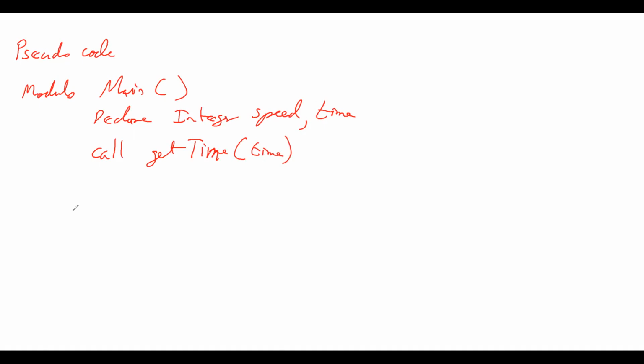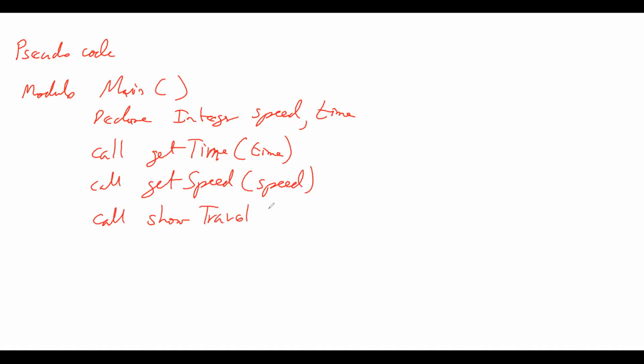All right, and then call get speed, and that's going to be speed, and then call show travel, and we need to provide both time and speed for this one. And then we do end module. So this is, I should say, 5.6.